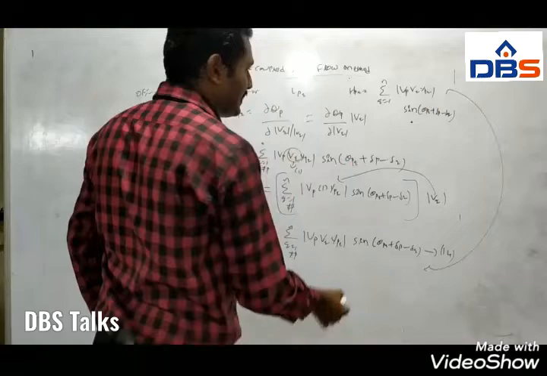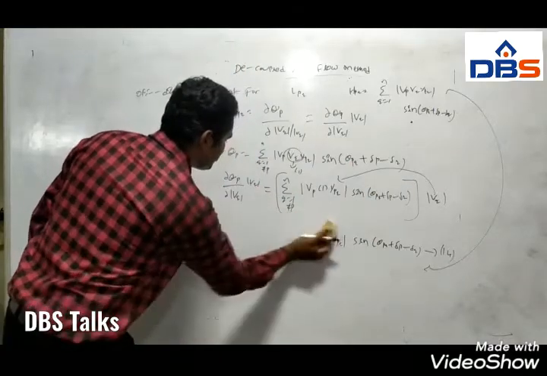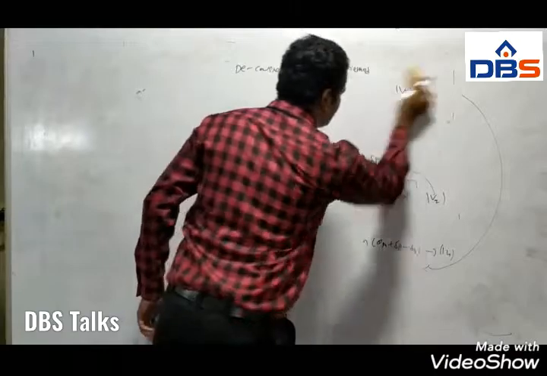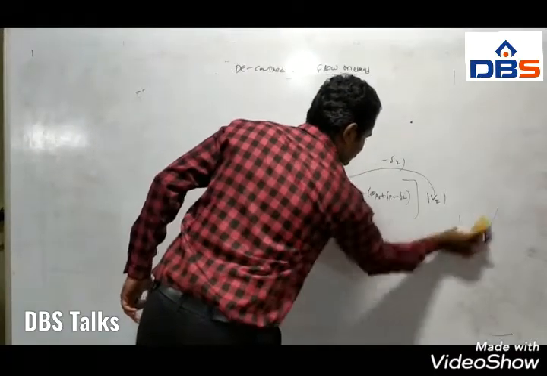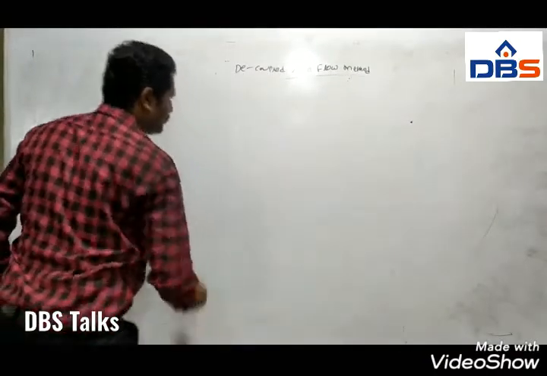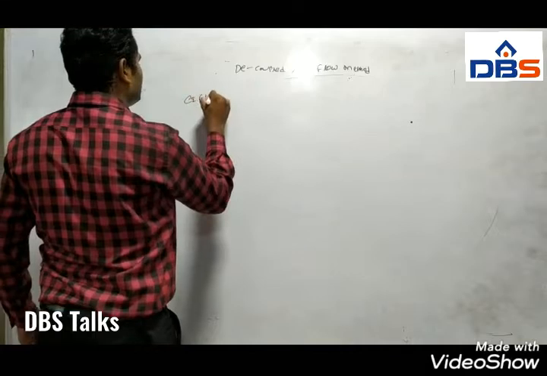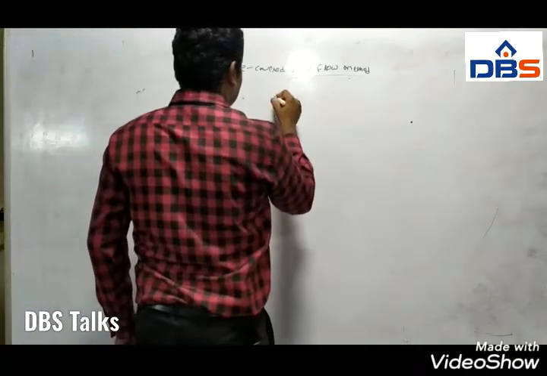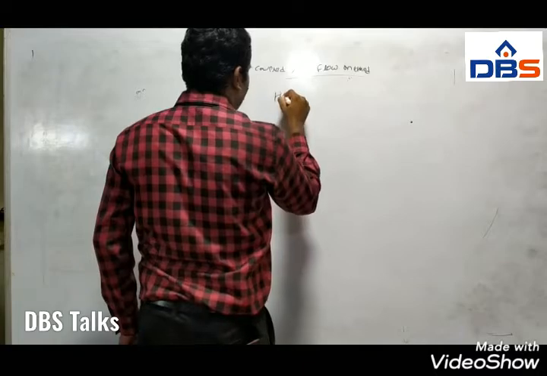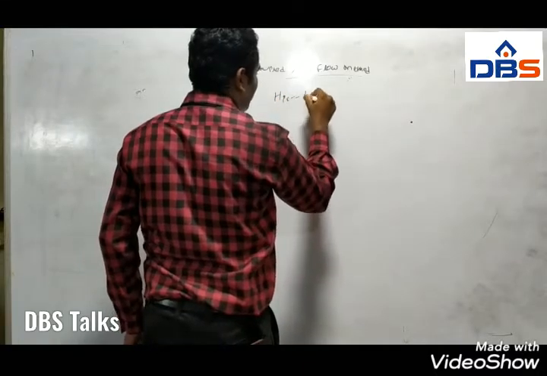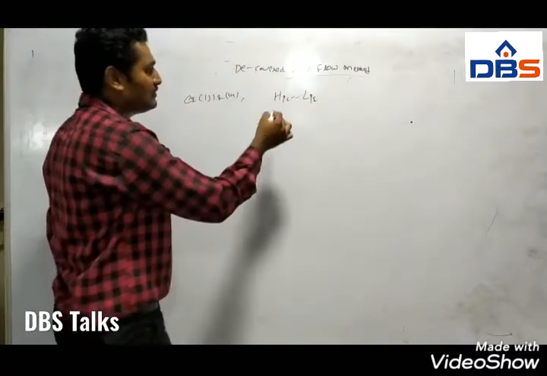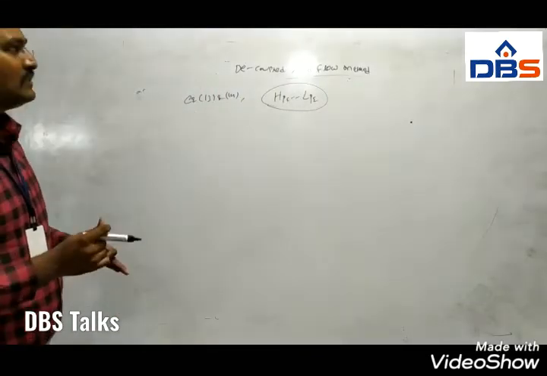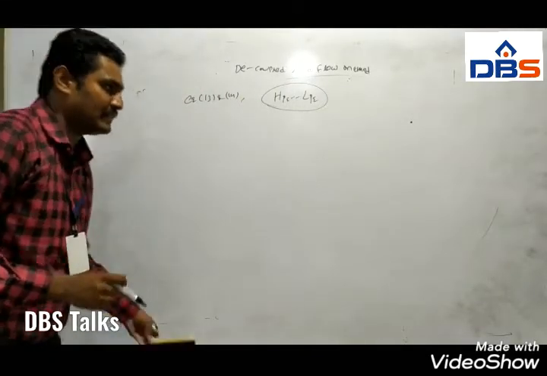From equations 13 and 14, we are saying that the off diagonal element of H is equal to the off diagonal element of L. So HPQ is equal to LPQ. This is the off diagonal element of the decoupled load flow method.